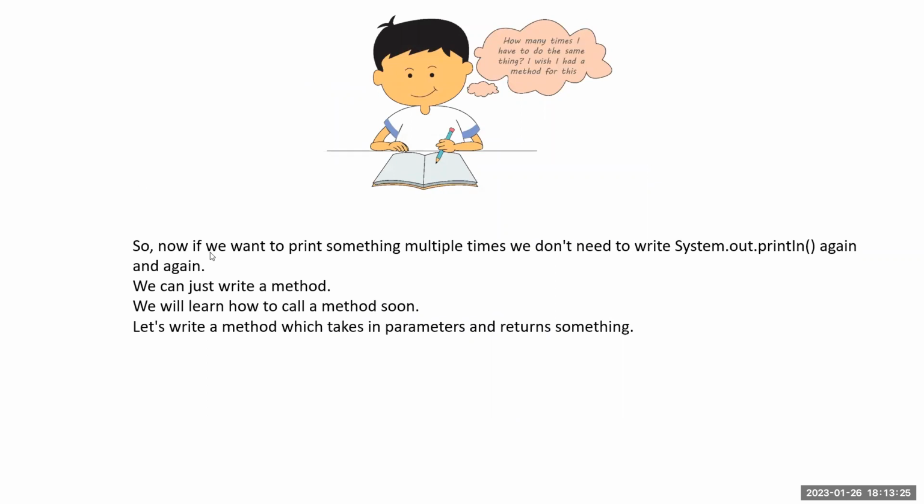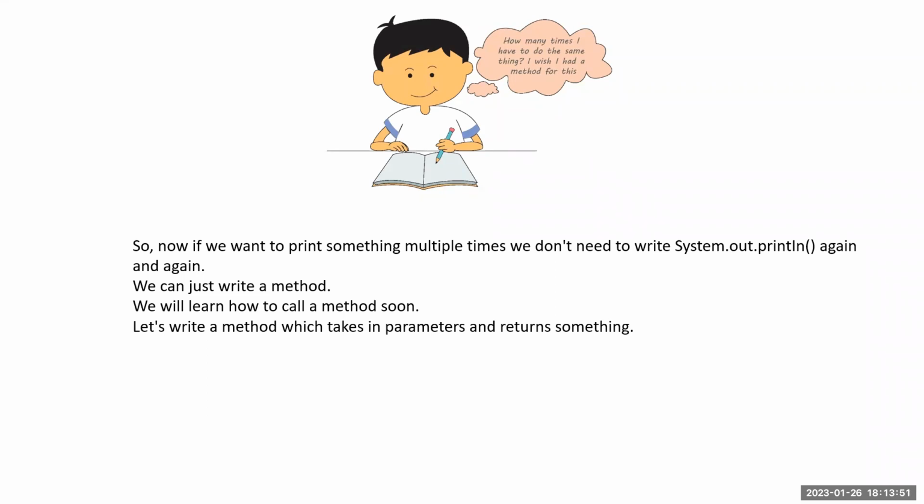This is what I was saying. Earlier, if you want to print something on the screen, generally we use system.out.println. We don't know the exact steps inside the println method. It might have many steps before printing that thing to the screen.